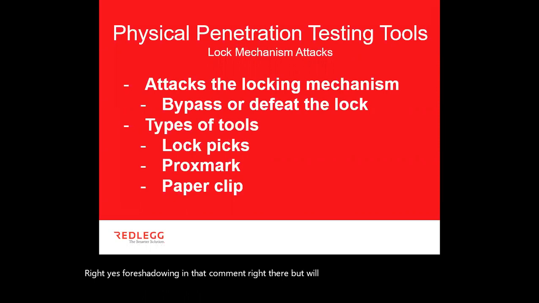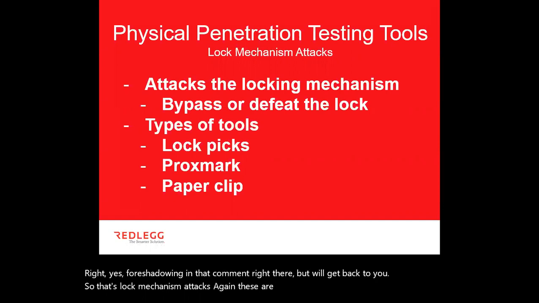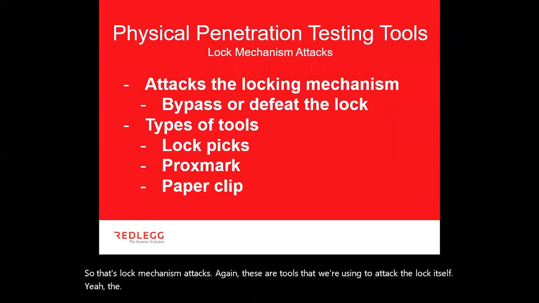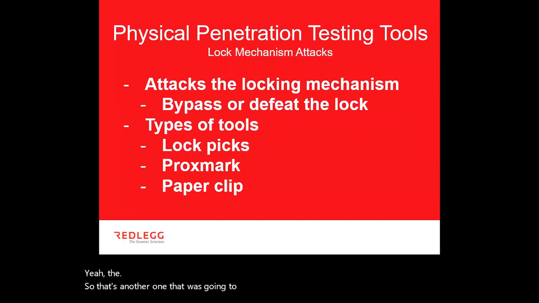So that's lock mechanism attacks. Again, these are tools that we're using to actually attack the lock itself. Are we talking about magnetic locks yet? Yeah, so that's another one that was going to come up here: throwing a magnet.